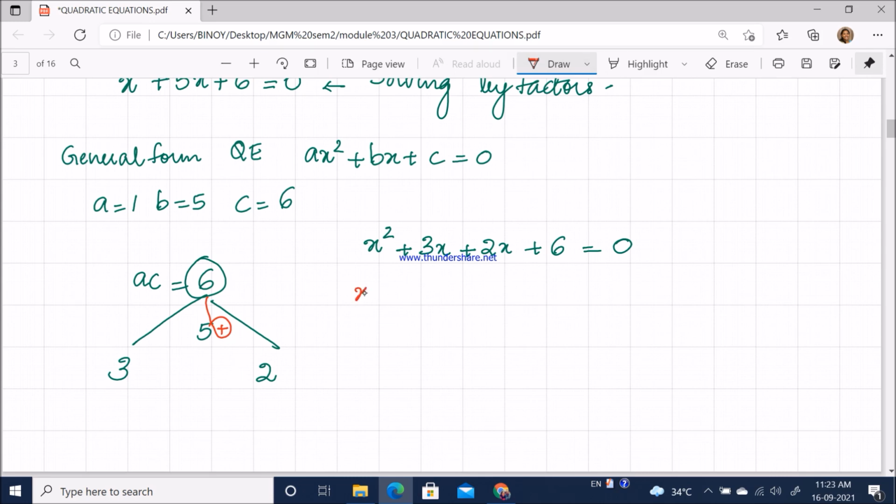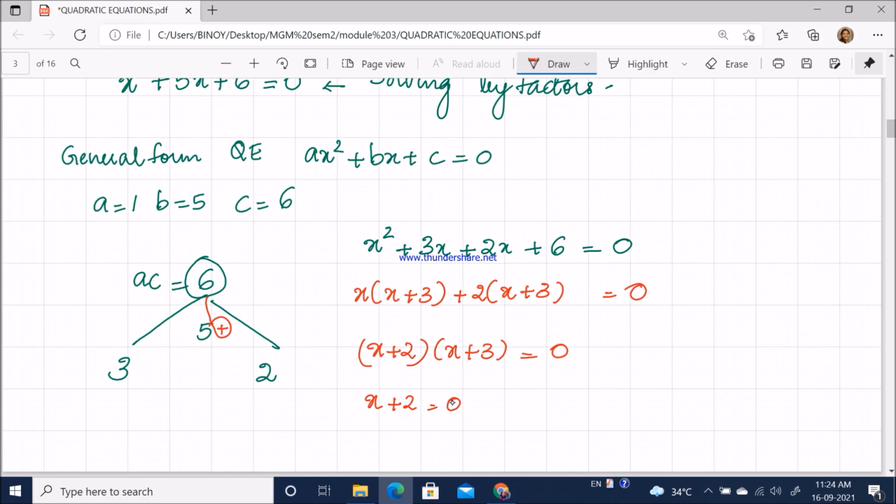So I am taking x out: x plus 3, plus 2 times x plus 3. So the factors are x plus 2 and x plus 3 equal to 0. So x plus 2 equals 0 or x plus 3 equals 0.